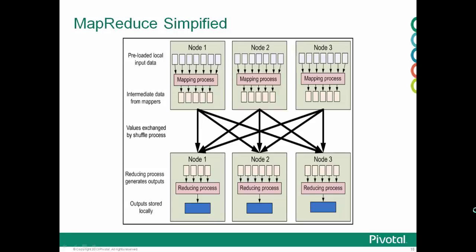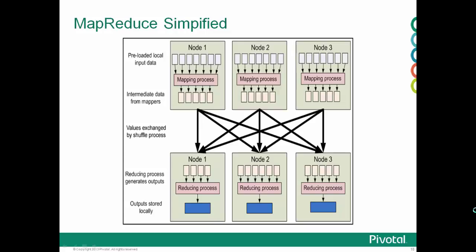After all of the blocks have been read by all of the map tasks across all of the data nodes, then the key and value pairs from the intermediate data files will be shuffled across the system utilizing network bandwidth to the nodes where the reduce tasks are going to run.